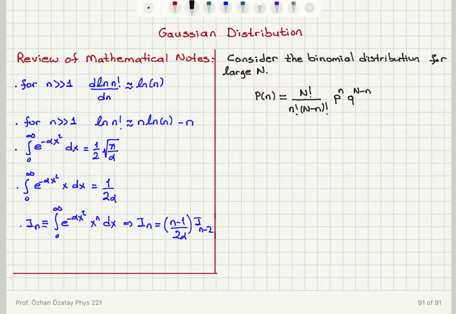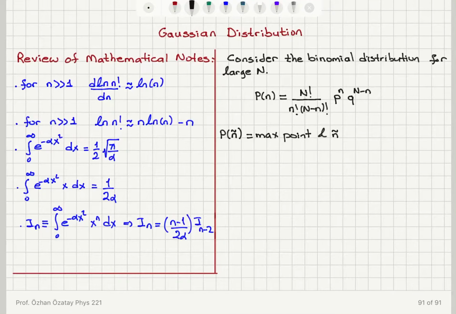And I'm going to look at the maximum point in the binomial distribution, and I'm labeling the n value which represents the maximum point n tilde. So this is the maximum point in the distribution, and we have n tilde.